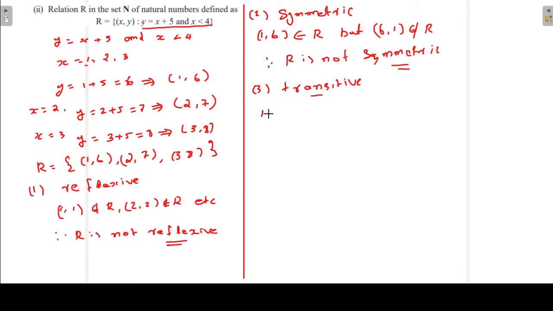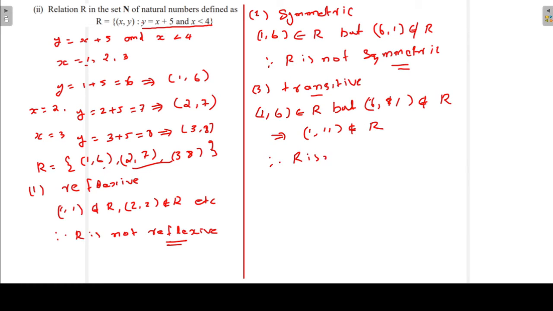You take any one point, (1, 6) belongs to R, but (6, something) in R? (6, 11): if x is 6, then y equals 6 plus 5 equals 11, but (6, 11) also does not belong to R. This implies (1, 11) also does not belong to R, therefore R is not transitive.